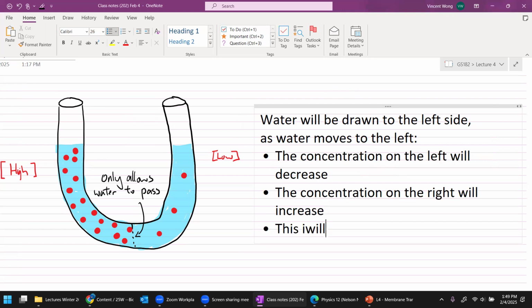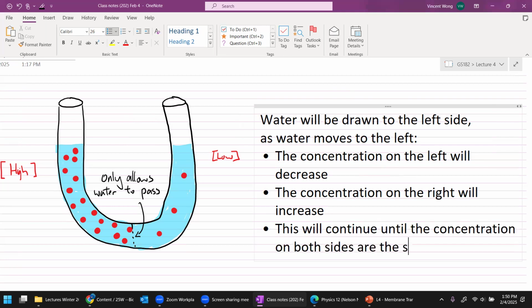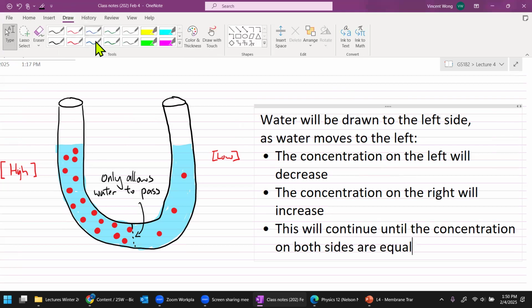This will continue until the concentration on both sides is equal. So the water level is going to go up here, and the water level is going to go down.